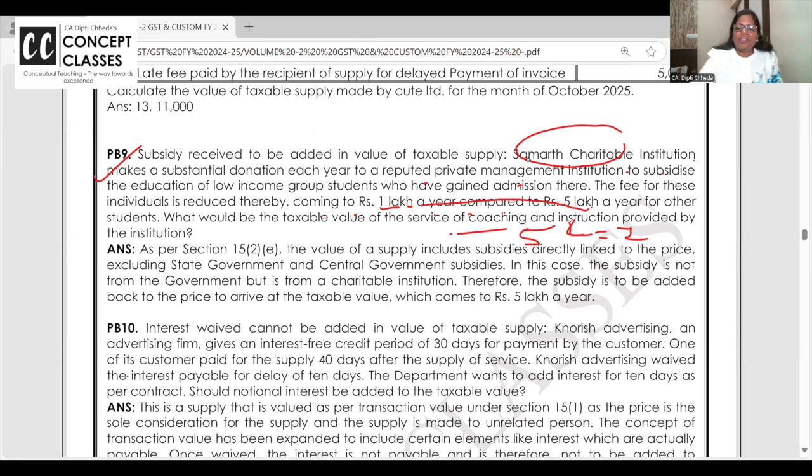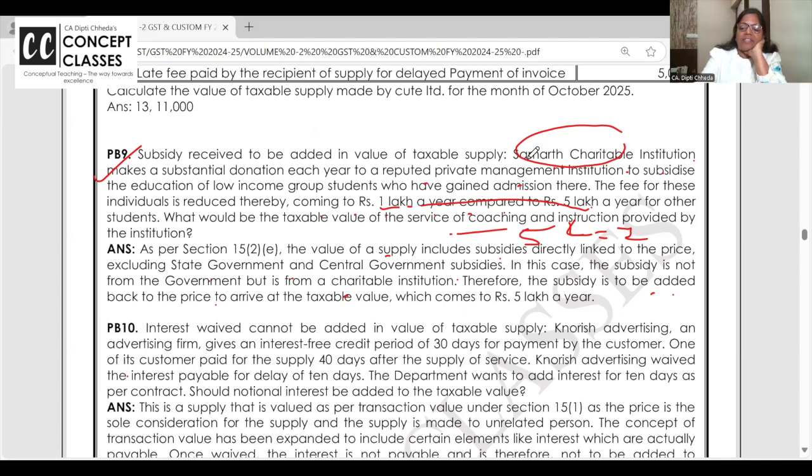As per section 15(2), the value of subsidy includes subsidies directly linked to price, excluding the state government and center. In this case, subsidy is not from government. It's from a charitable trust. Therefore, subsidy is to be added back to the price to arrive at the taxable value, which comes to 5 lakh. I hope you are getting.